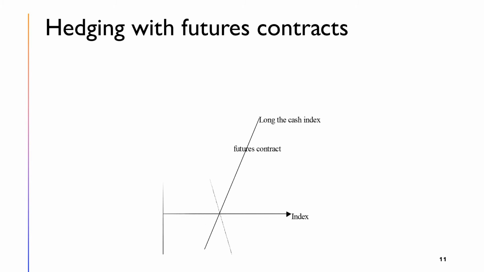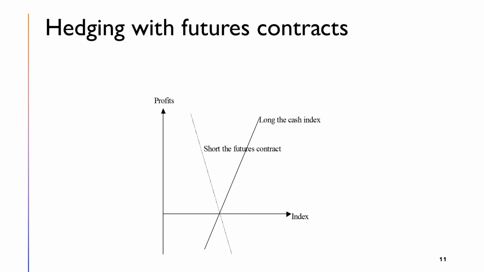This diagram illustrates the effect of hedging with futures contracts. The x-axis represents the value of the index and the y-axis represents profits. The long cash index means holding a well-diversified market portfolio. Hedging is performed by taking an offsetting or opposite position in the futures contract, which means short or sell the index futures.